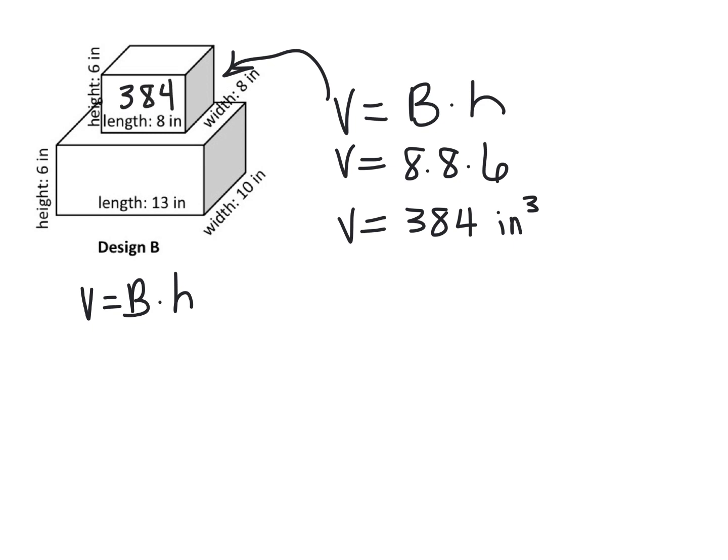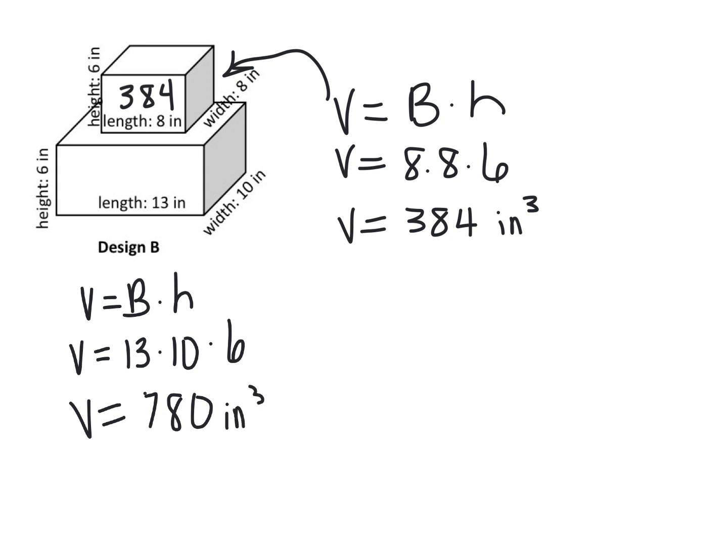Okay, and then the bottom piece, let's see, it is 13 by 10 by 6. So 13 times 10 times 6, which is 780 cubic inches. Okay, and then to get the total, we're going to add those two together.